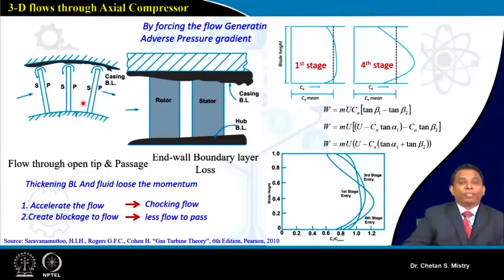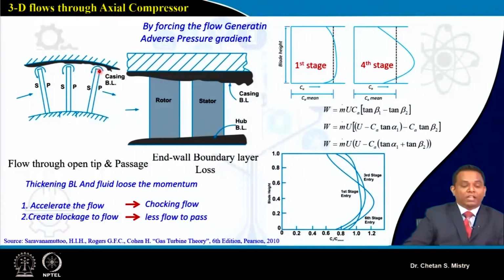Now if we consider a rotor and stator combination, we know our rotor is a rotating component, and for the rotor to rotate we need to provide a certain amount of clearance between casing and rotor. So here we can see the clearance that is provided. As per our understanding of fluid mechanics and aerodynamics, the flow moves from high pressure side to low pressure side.